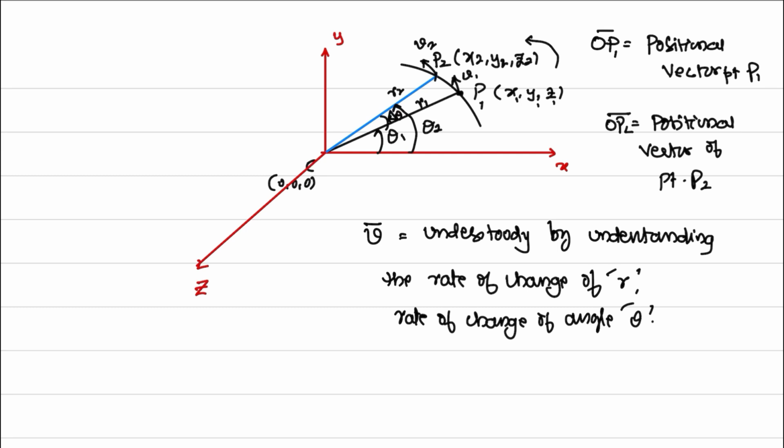We have to find out the unit vector of R, and also the unit vector of theta. And once we know the rate of change of theta, that should be a differentiation of unit vector also.